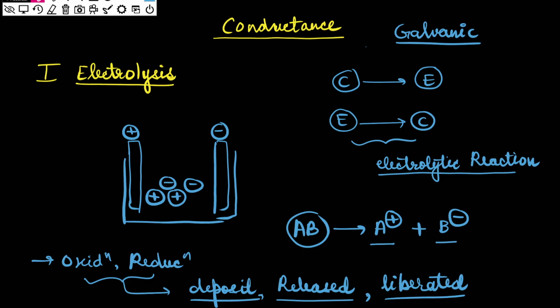When we pass electricity through the electrolytic solution, the electrolyte dissociates into cations and anions, which move towards their respective electrodes, get oxidized or reduced, and as a result can be deposited upon the electrode, released from the electrode into the solution, or even liberated as a gas.